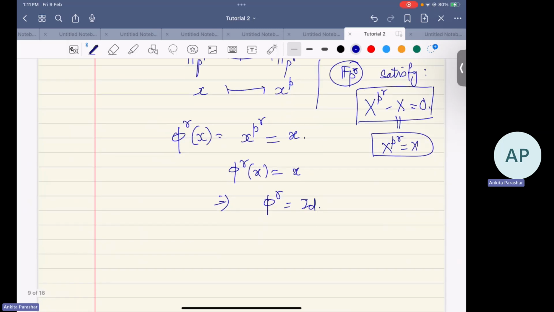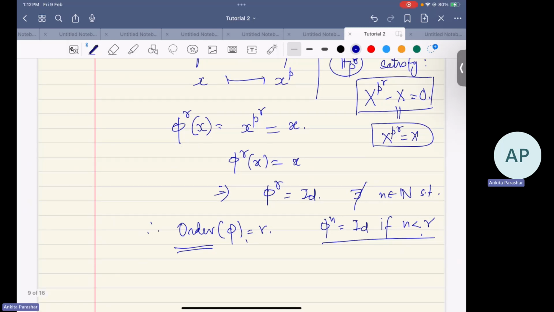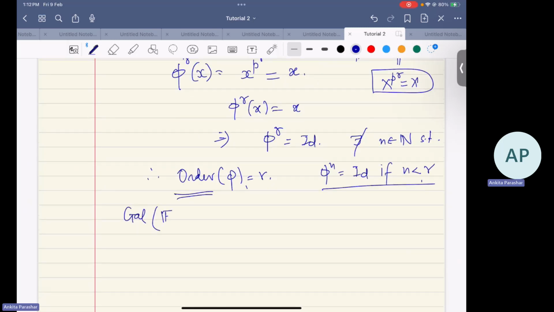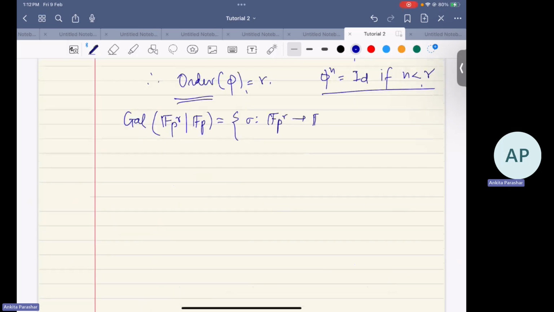And indeed, you can prove that there does not exist any n in the natural numbers such that phi^n is identity if n is less than r. Therefore, the order of phi is r actually. Also, now let's go to the group. The Galois group of F_{p^r} over F_p is nothing but the set of all automorphisms from F_{p^r} to F_{p^r}.